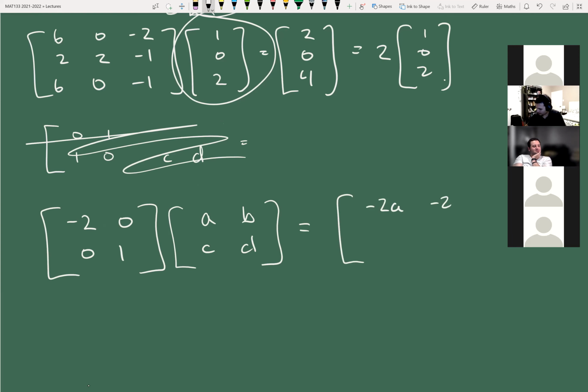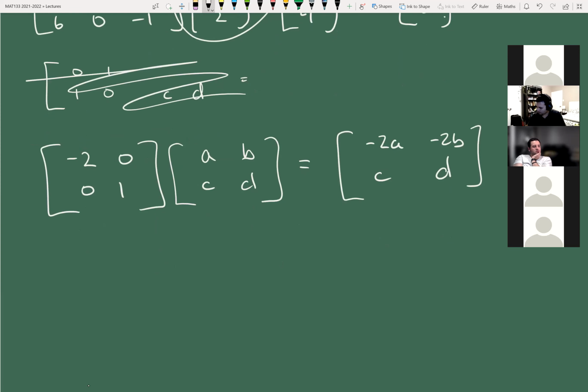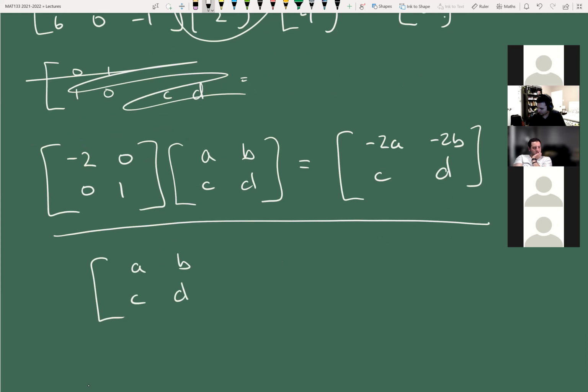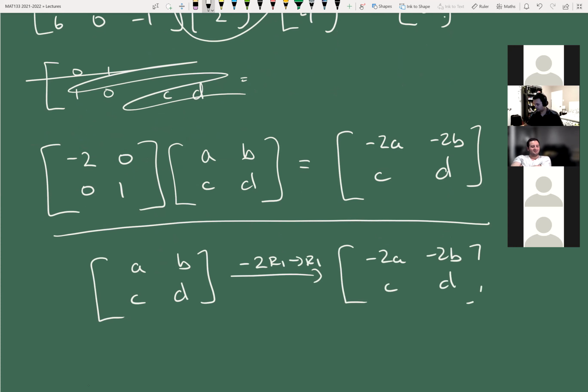So we get -2A, -2B, C, and D. So this was the same thing as having performed negative 2 row 1 into row 1. Does everyone agree?